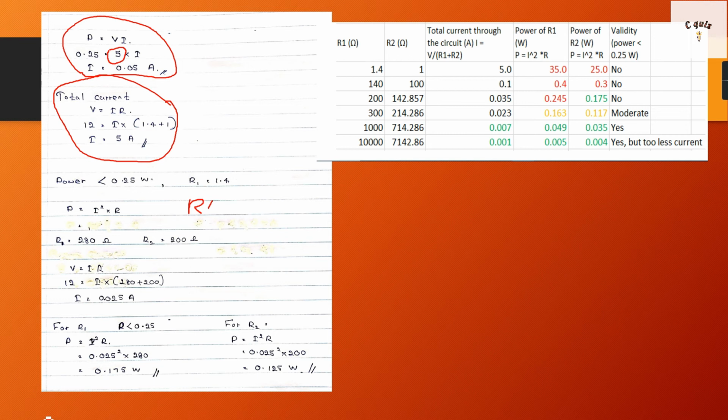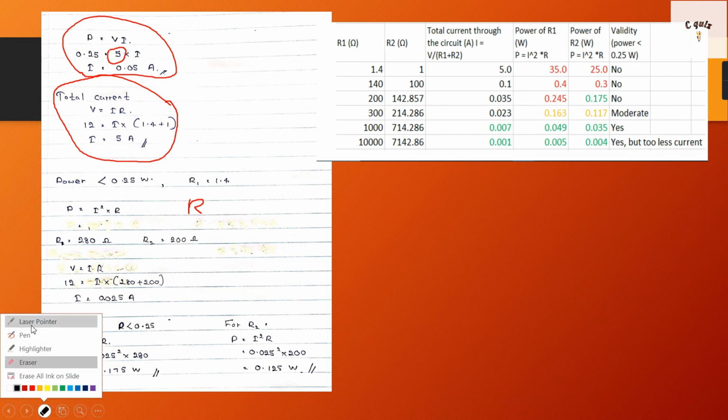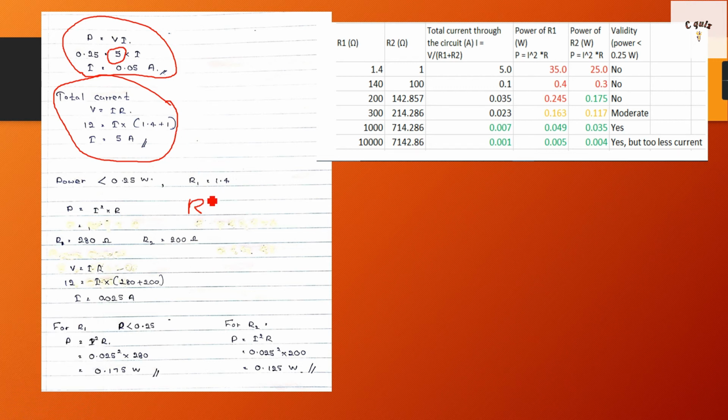So we can get R1 is equal to 1.4 and R2 is equal to 1.